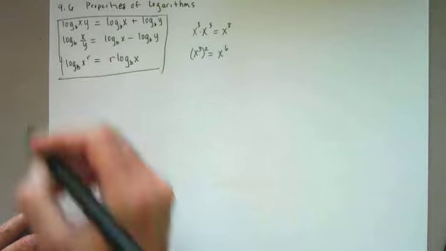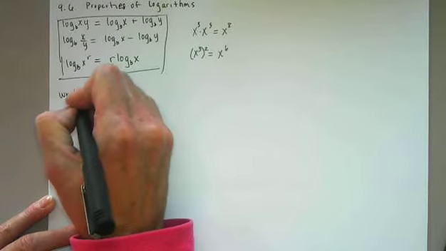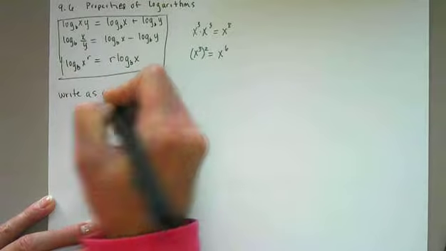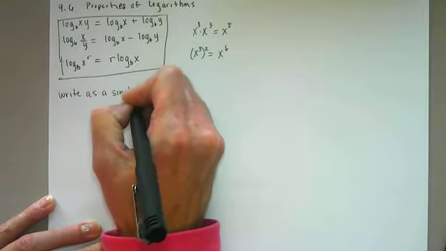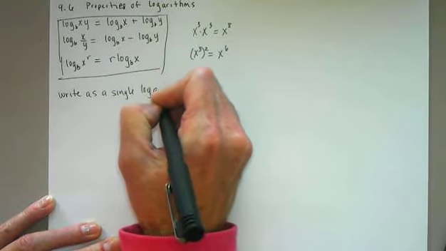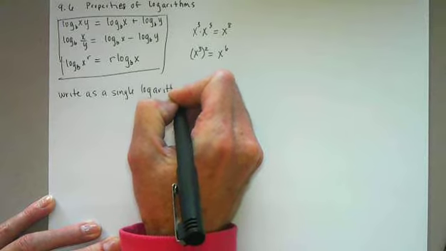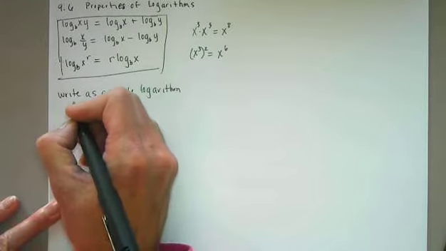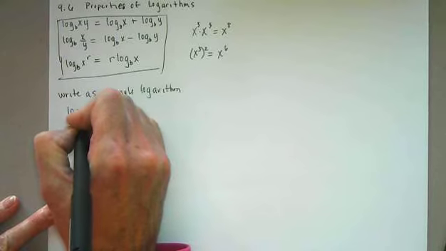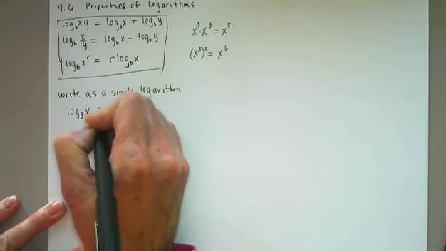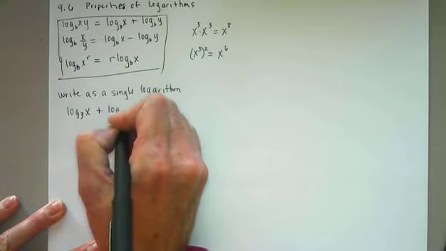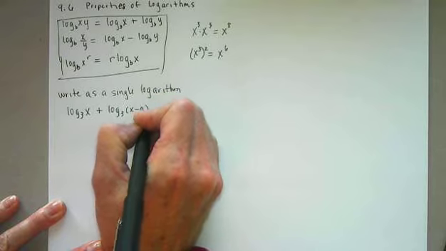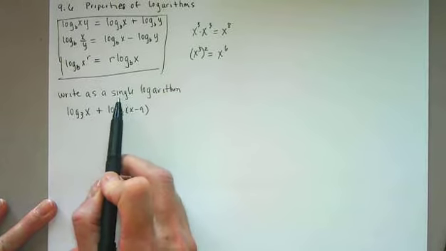So let's see if we can use them. To begin with, it will tell you to write as a single logarithm. And it will give you a whole bunch of them. So for example, if I said the log base 3 of x plus the log base 3 of x minus 9, and I want it written as a single logarithm.